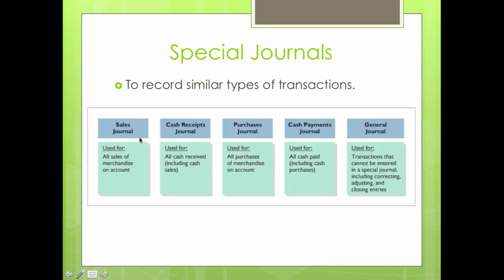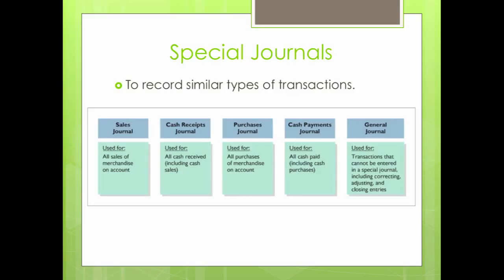We have the sales journal, the cash receipts journal, the purchase journal, and the cash payment journal. A company can choose these as special journals because this particular company may have hundreds of daily transactions for each of these accounts.